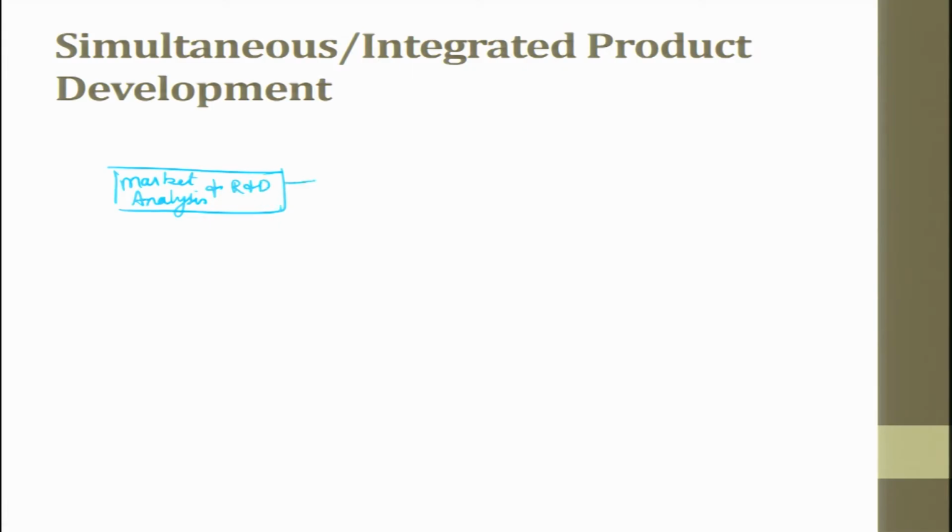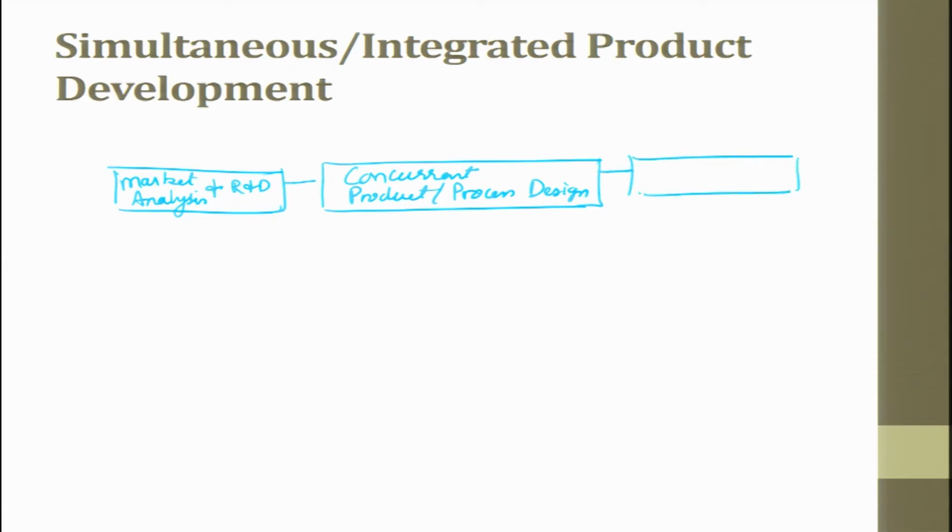Then we will have concurrent product/process design. Then we will have manufacturing. Then we will have a user. This is a user.